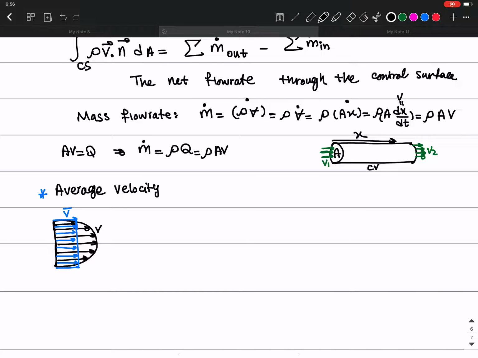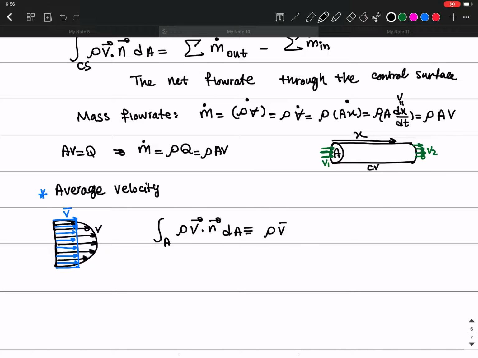Okay, so if you take the integral over the surface of rho V dot n dA, we can define the average velocity as the velocity that equals this whole integral.